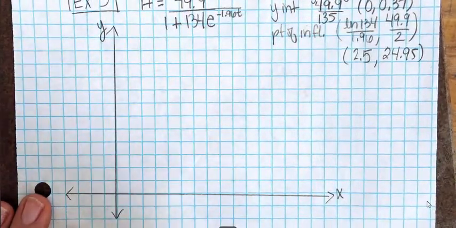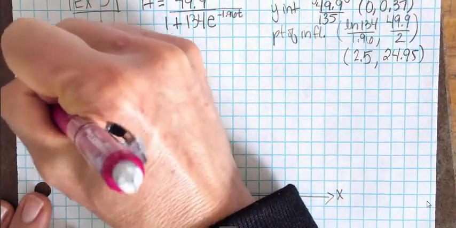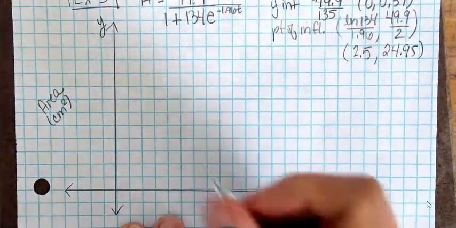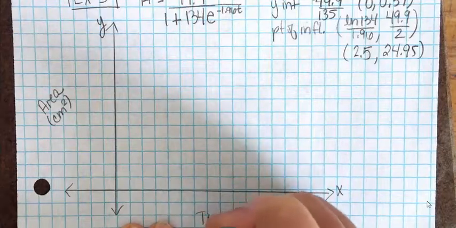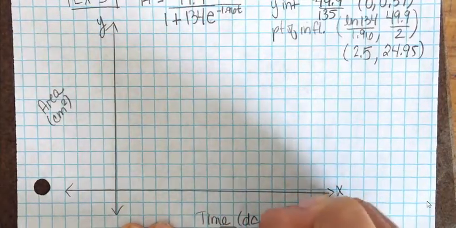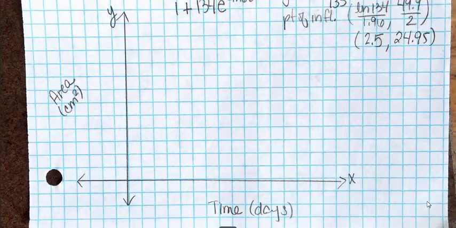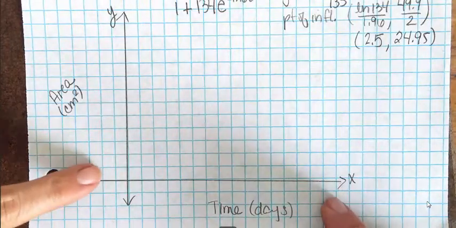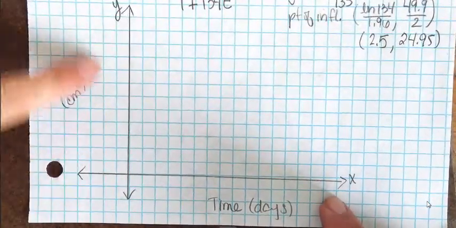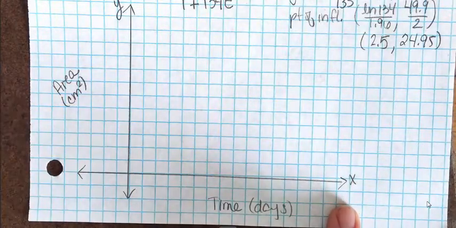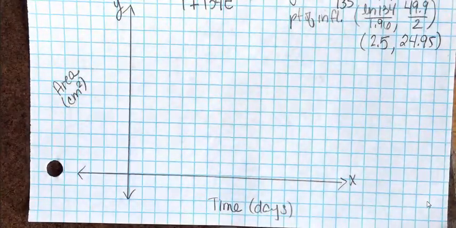And in this case, I know that this is the area in centimeters squared. And I know that this is the time in days. It's good to label your axes so that you have some way of understanding what's happening. If we were modeling the COVID-19 virus, we would say, all right, this is the number of people infected. And then this would be time in days, hours, however you wanted to do it. I would probably do it in days because that's usually how the information is coming in.